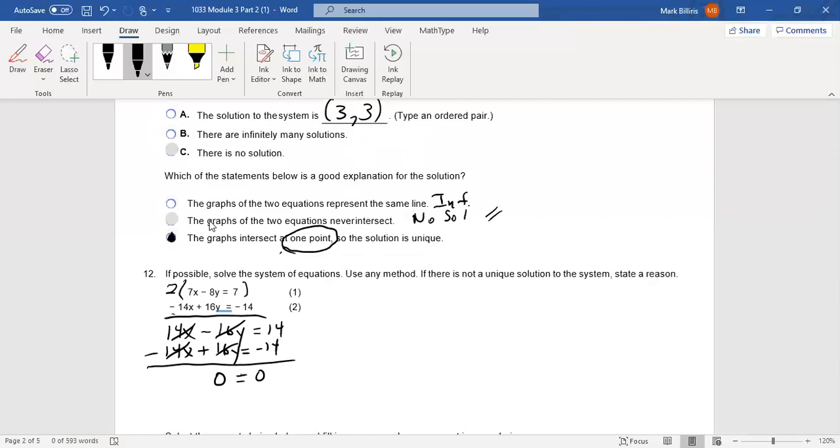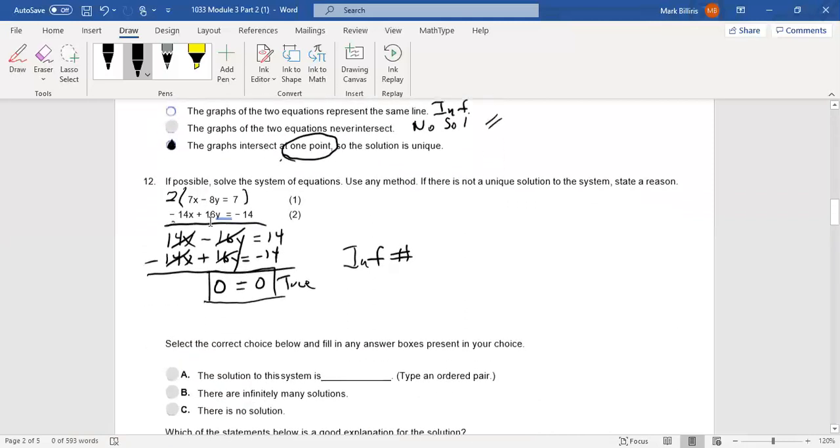I'm either going to have no solution or an infinite number of solutions. Anytime we solve and the resulting answer is true, because 0 does equal 0, I would have an infinite number of solutions. If this were a false statement, this gave me 0 equaled some number other than 0, then I would have no solution. So again, let's look at our possibilities.